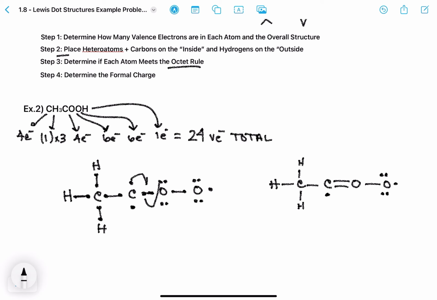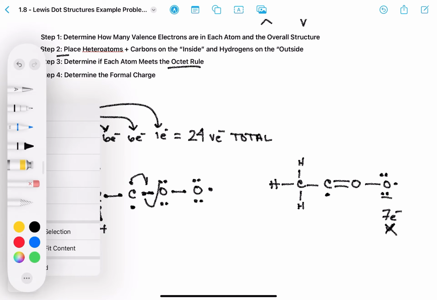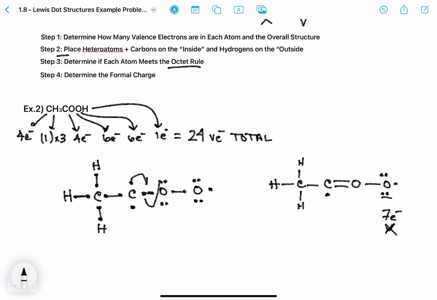I've got 2, 4, 6, 7. I have not met the octet for oxygen, so that's dissatisfied. I've got a lone pair, a lone pair here, and now an electron there.